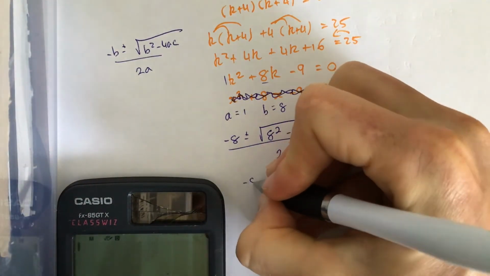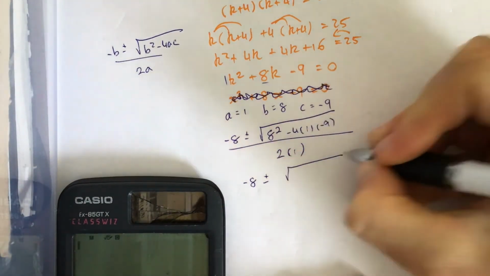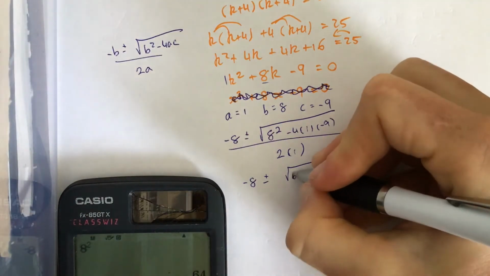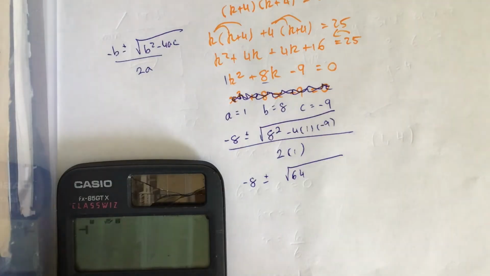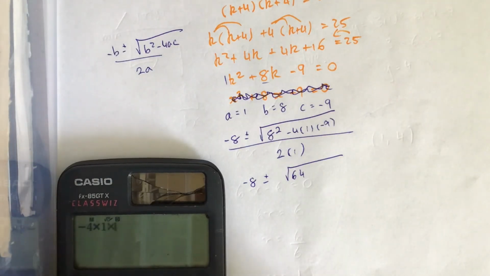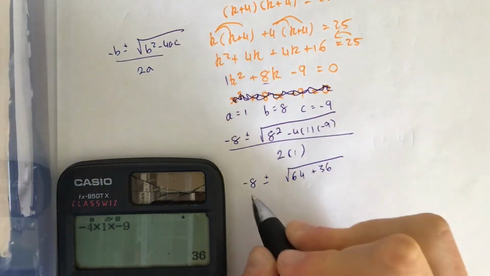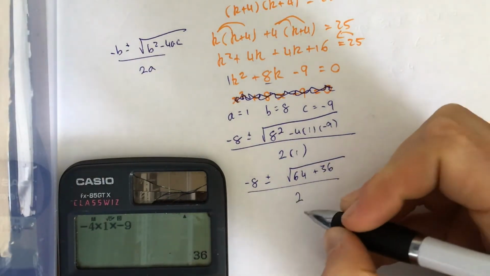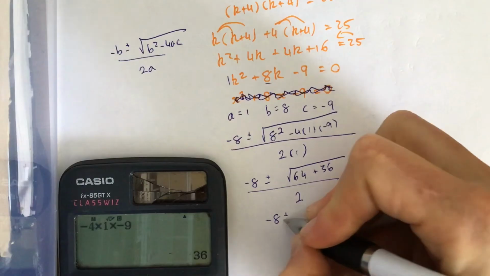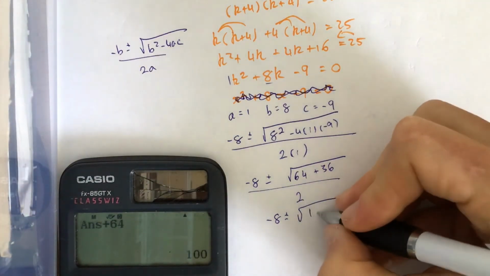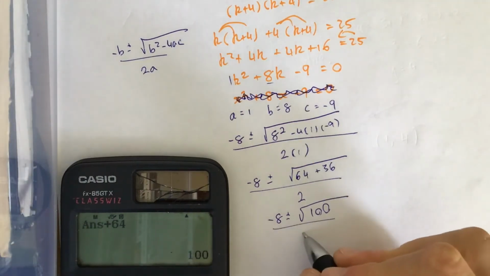So I would say minus 8 plus or minus the square root. 8 squared is going to give you 64. So I do 64 minus 4 times 1 times minus 9, plus 36, all over 2. And I do one more line, plus or minus the square root of this plus that, which is 100, all over 2.